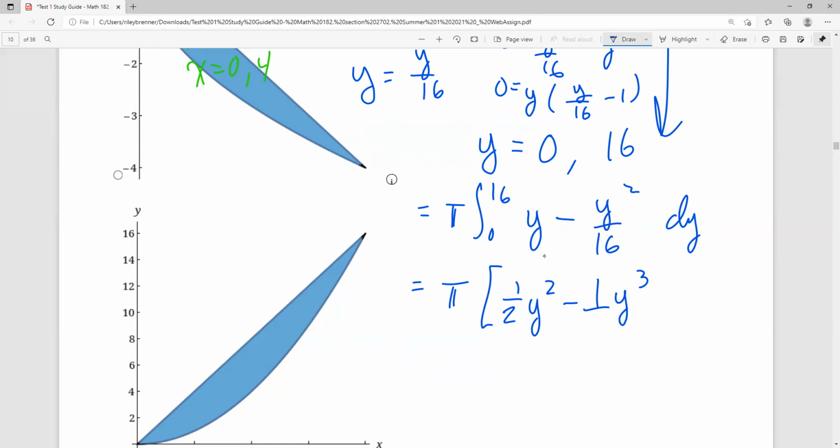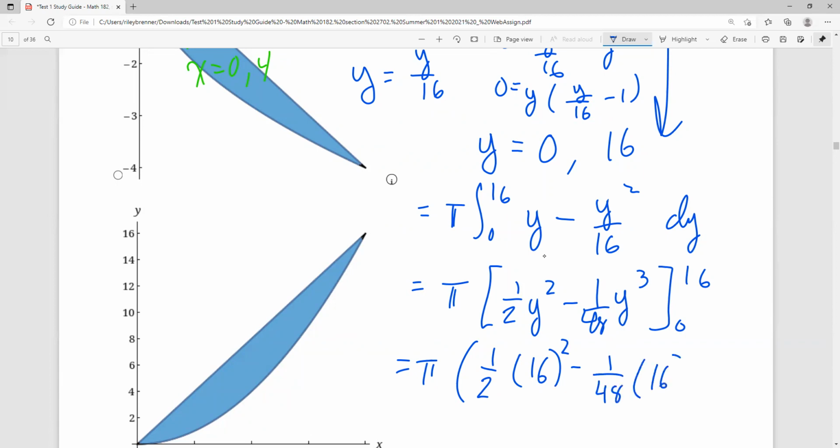I'm going to erase that and put it right there. And then our bounds are from 0 to 16. Now, if you plug in 0 to any of these, it'll just be 0, so we can ignore that. We'll just plug in 16. So all we have left is 1/2 times 16 squared minus 1 over 48 times 16 cubed.